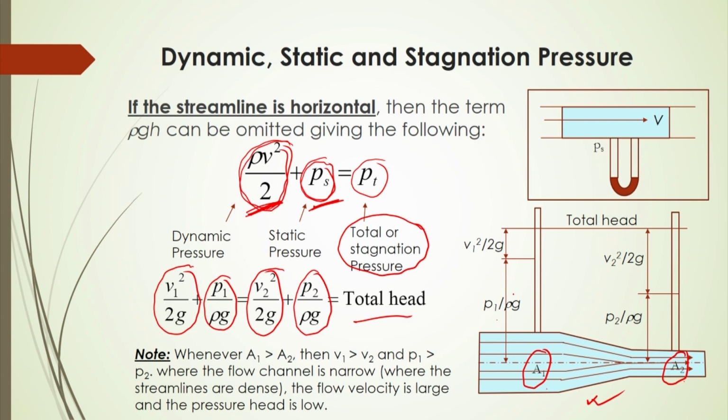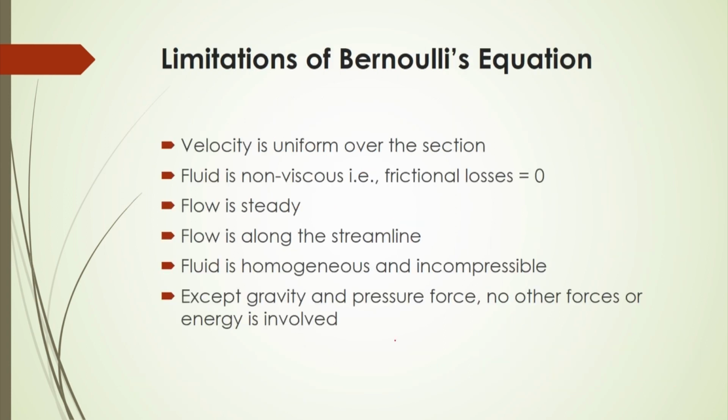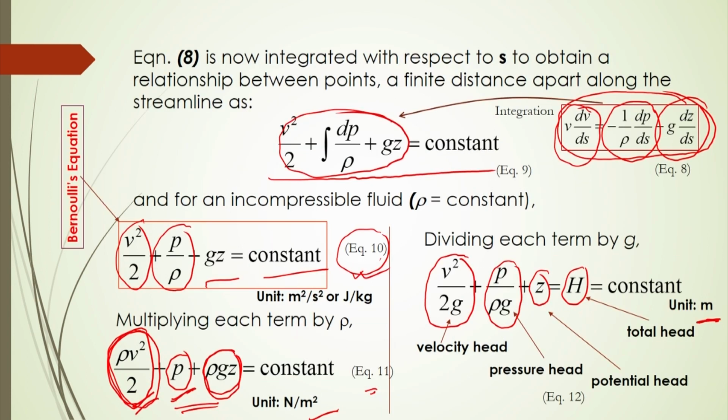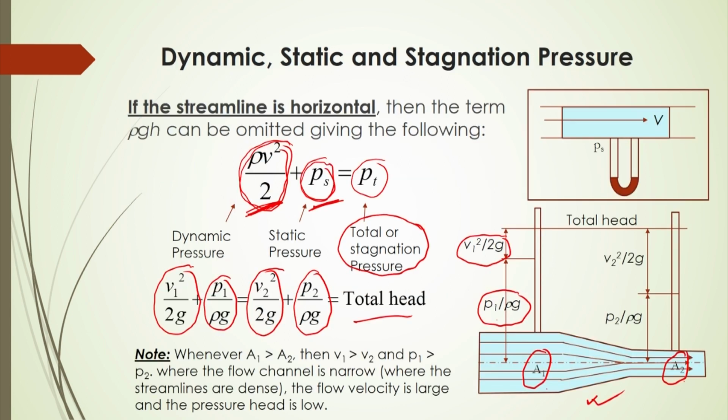So, total energy can be represented by the head also. P1 by rho g is called pressure head, and V1 square by 2g is called velocity head. The summation of the velocity head and the pressure head will be equal to total head.